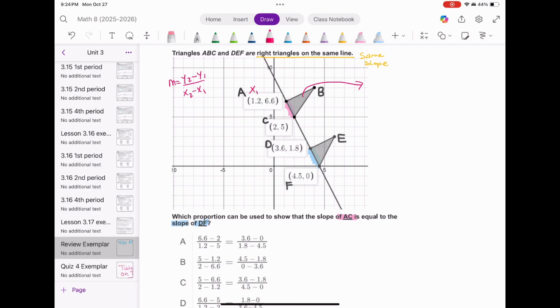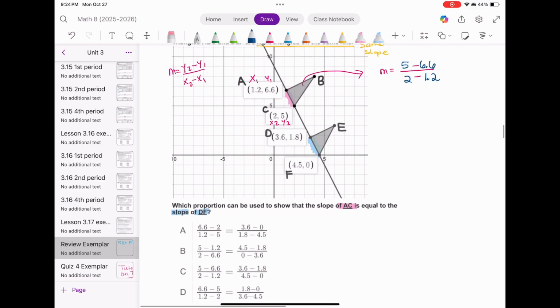I'm going to be using my slope formula. So I'm starting with my AC line. My point, I label my point x1, y1, x2, y2, and put them in the formula. And this is a tricky part. We're going to go see if any of our answers match.